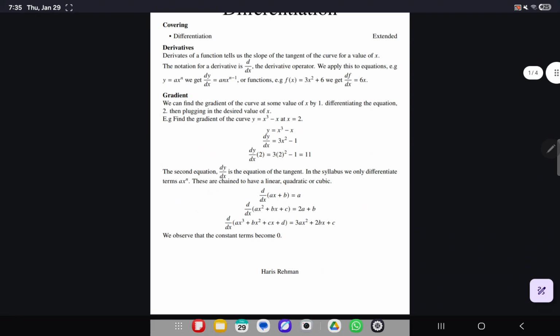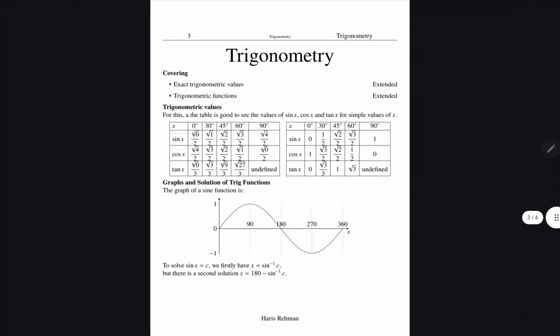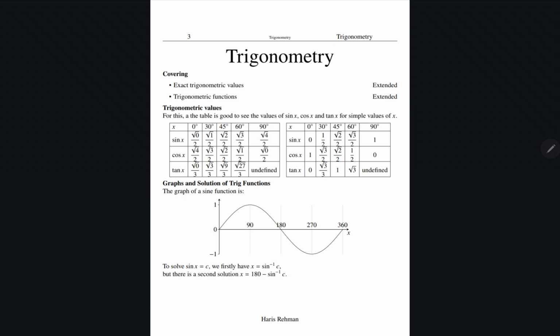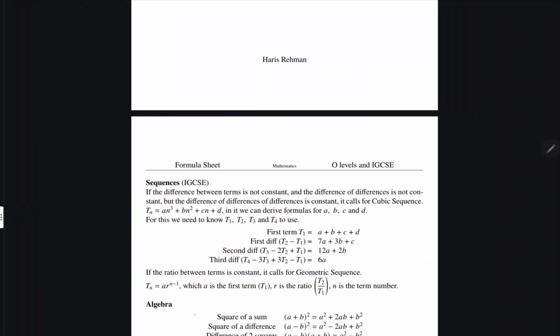Because it's the same thing, you work with bits and you work with polynomials, so differentiation is also polynomials to this level. Add maths is another thing. And then trigonometry, of course.